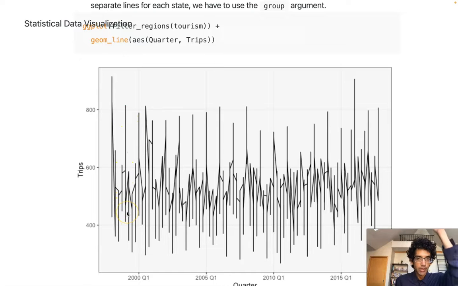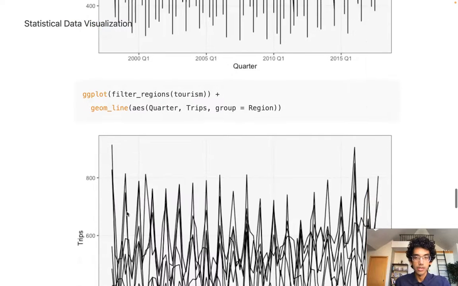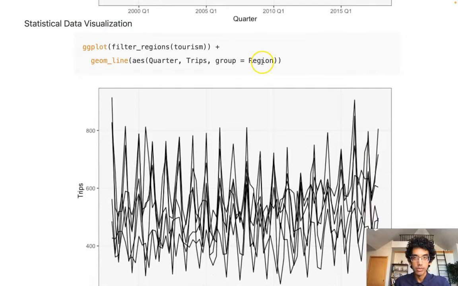So it's kind of connecting them all vertically, and you're not able to see any single state level line. Right? If you wanted to not use color, but still make the different groups visible, you would use this group equals region argument. Then it knows that, okay, this one state should be tracked over time. I'm going to have that one line over time. That said, this is still kind of an unreadable plot.